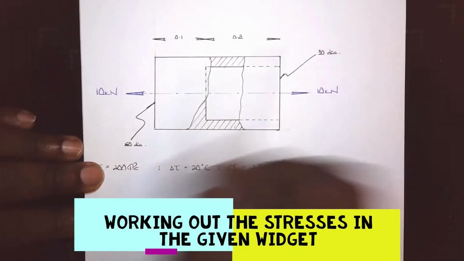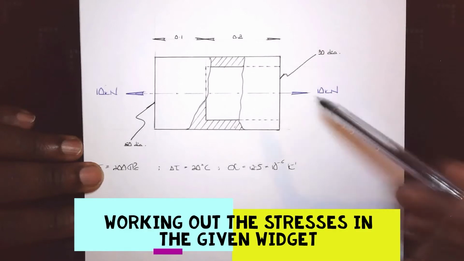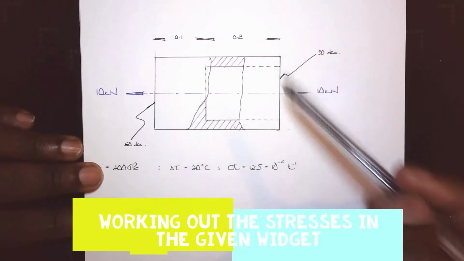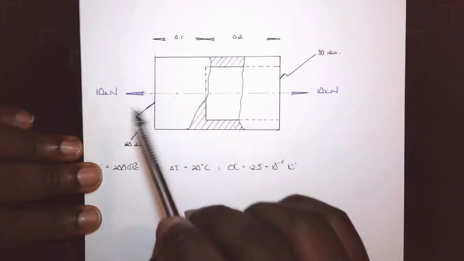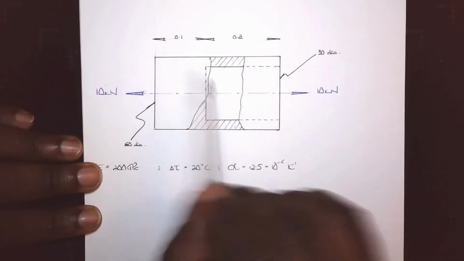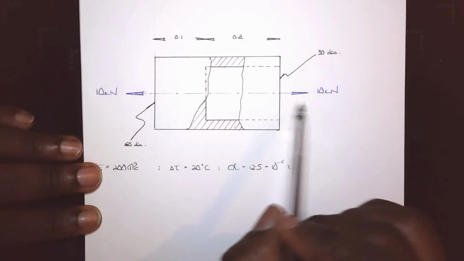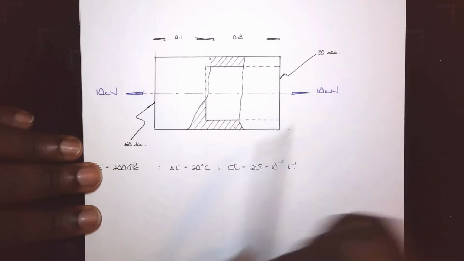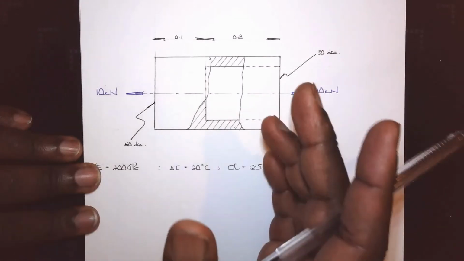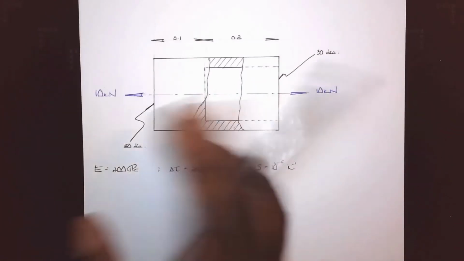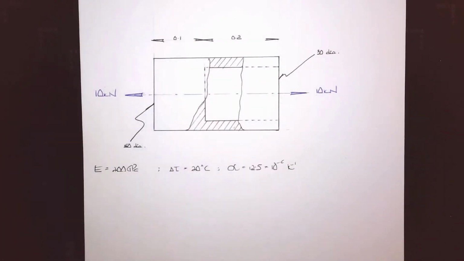So this time we've been given a bar which has a blind hole drilled into it. And we're tasked to calculate how much this component extends if it's been subjected to a tensile load of 10 kilonewtons. So how do we go about working through such a problem? Well, it's no different from calculating that of a stacked bar.